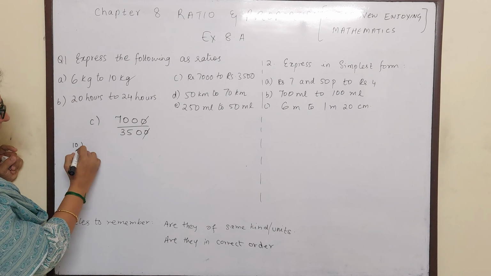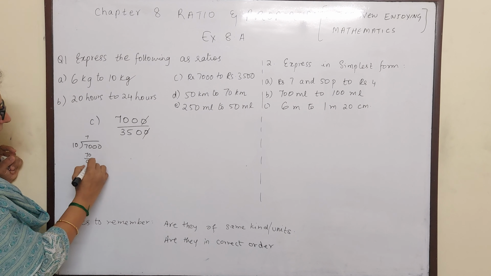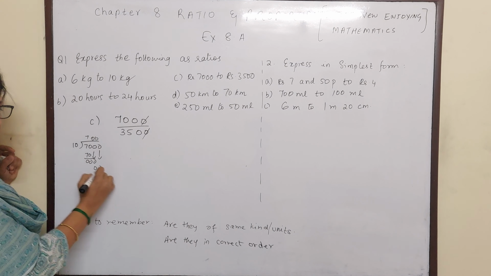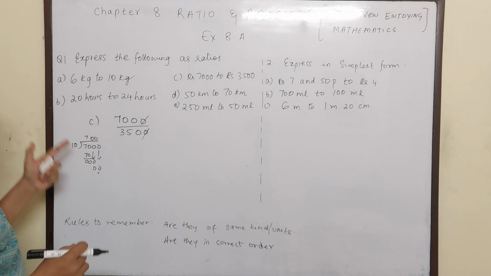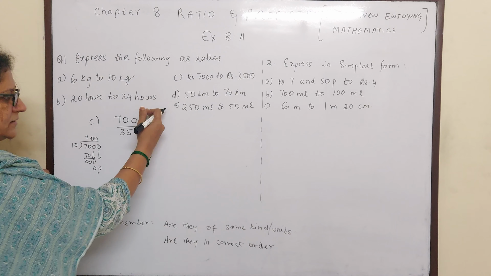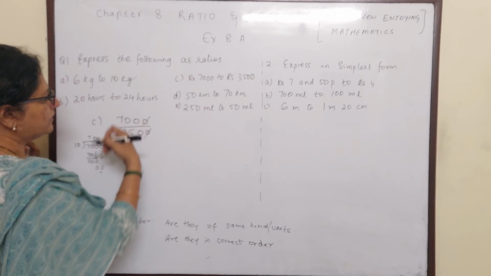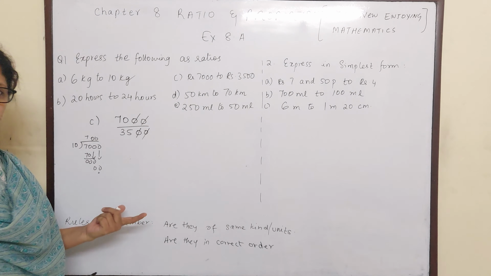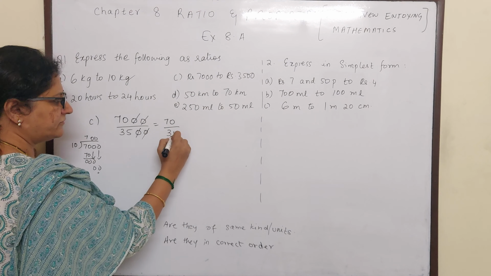Instead of doing it the long way, you can just cancel one 0 in the numerator and one in the denominator. Then what is remaining? One more 0 in the numerator and one more 0 in the denominator gets cancelled. So your answer is now 70 by 35.